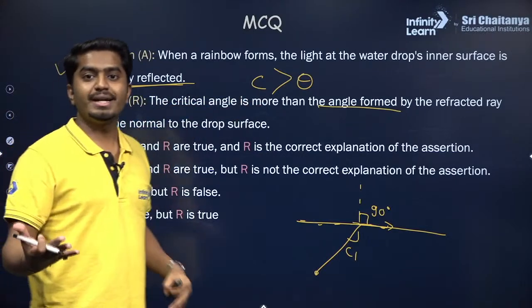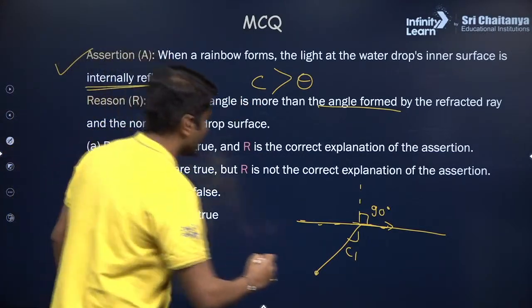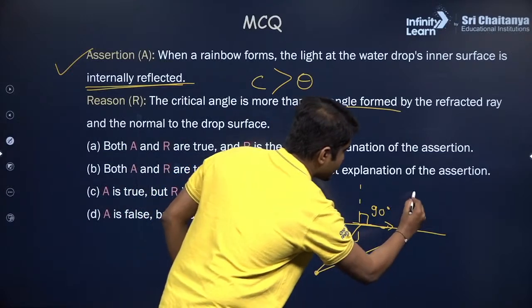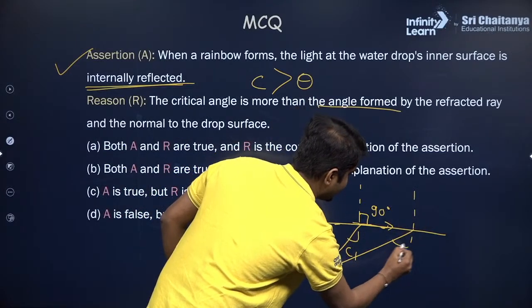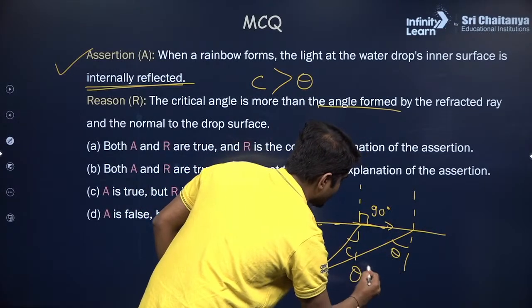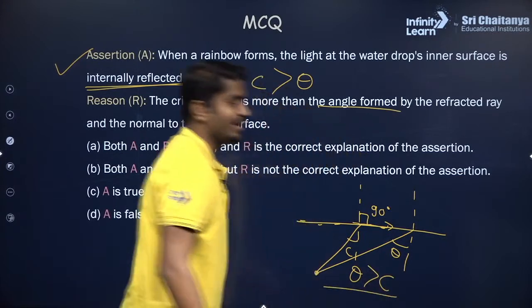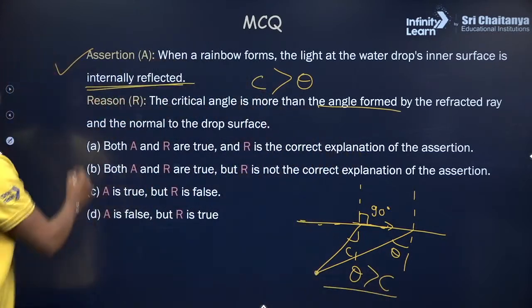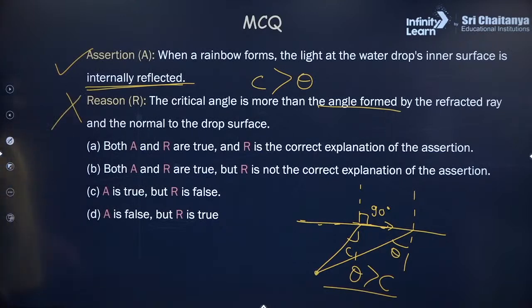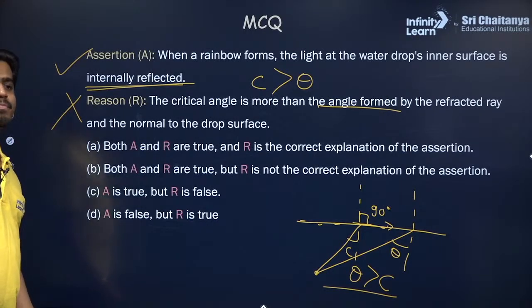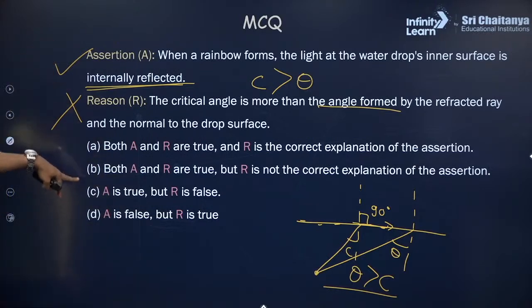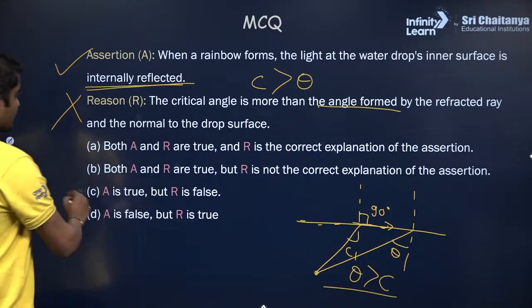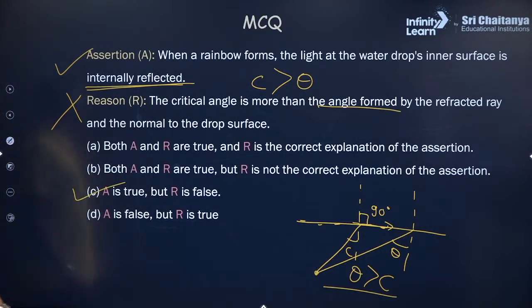If you want total internal reflection, this angle theta should be greater than the critical angle. So this reason is not correct. So which one is correct? A is true, R is false, that is option number C.